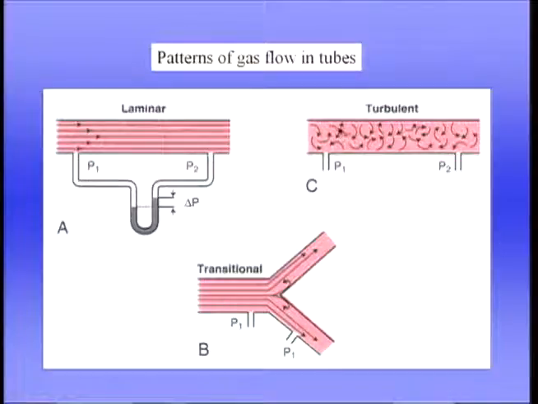With turbulent flow, you get a much flatter velocity profile. Also, in laminar flow, the flow is proportional to the pressure difference between the two ends of the tube, but in turbulence, the flow is proportional to the square of the pressure difference, or something like that.